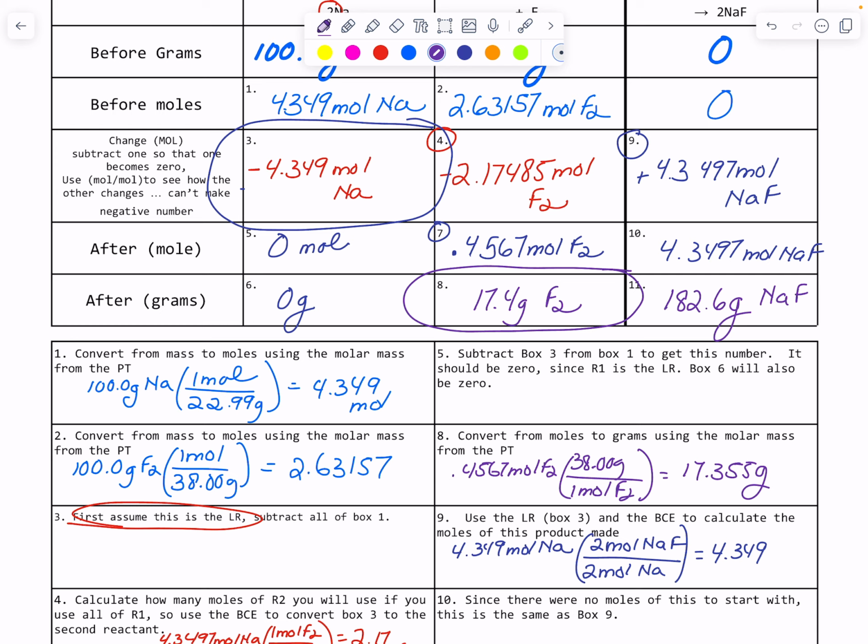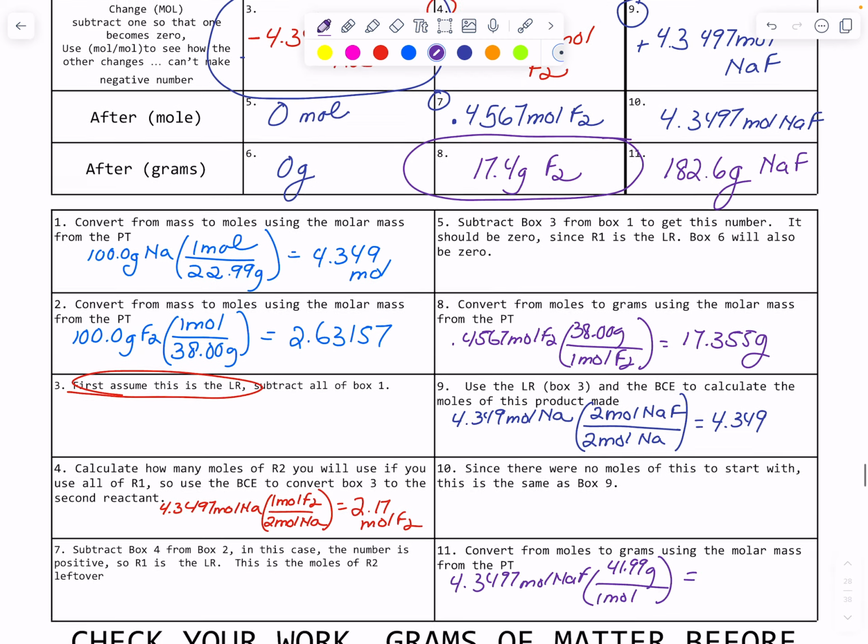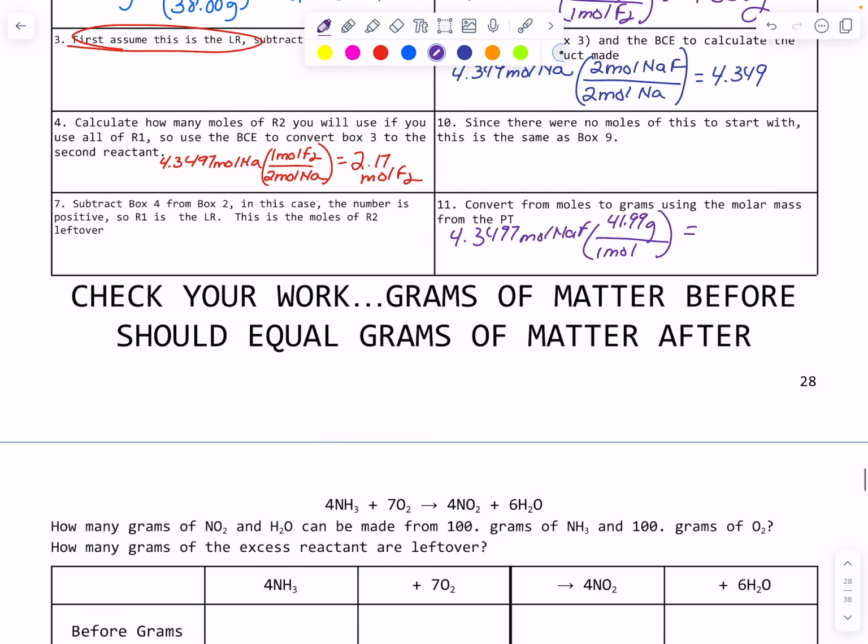Now, this is where you can really do a good job of checking your work, because however many grams that you start with, you should wind up with the same amount of grams after. That's the law of conservation of matter. And so if I look, what did I start with? I started with 100 grams of sodium and 100 grams of fluorine. So total amount that I started with was exactly 200 grams.